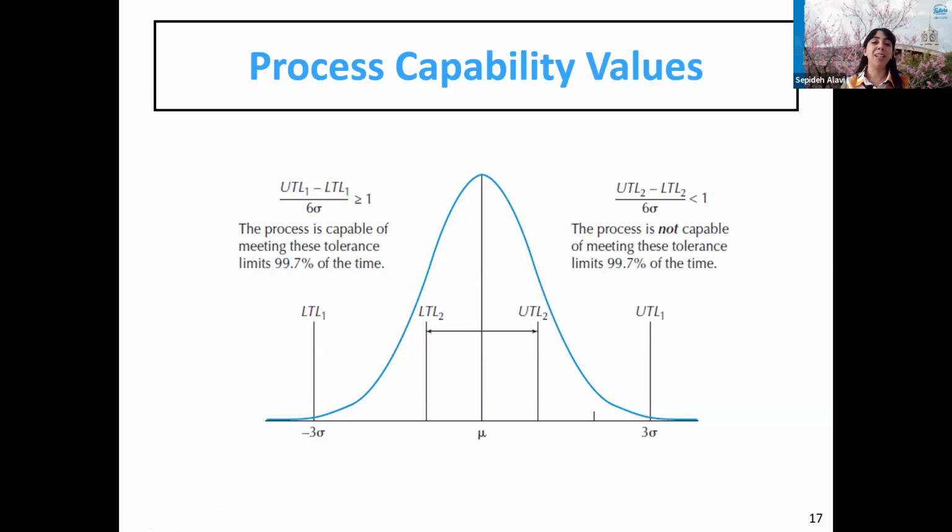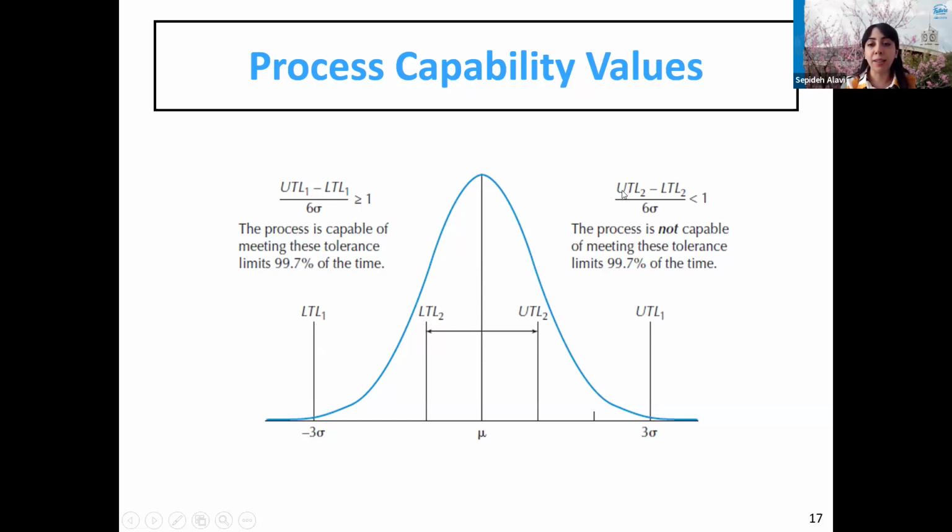In other words, the process is capable of making defect-free products 99.7% of the time. That's the case where your tolerance limit is at least 6 sigma, so you're falling within this range or a wider range. So it would end up getting a value of at least 1.